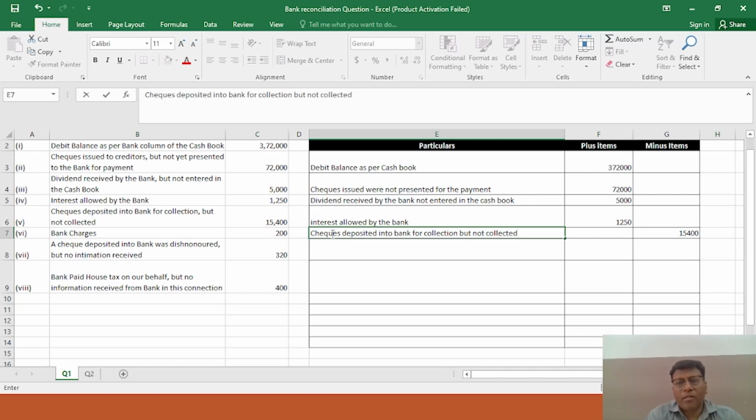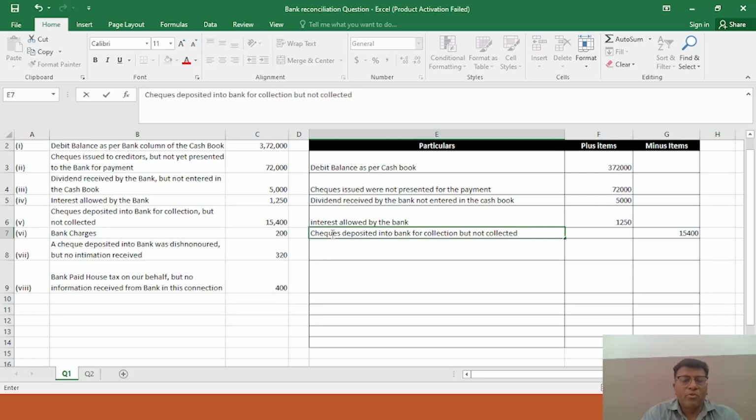So you have to focus on the particular transaction, what type of transaction it is, and on that basis take the decision. You have to observe what the impact is on the opposite book, and how you determine which is the opposite book: you focus on the very first line, where the balance of a particular book is given to you, and you prepare your bank reconciliation statement on the basis of that book.